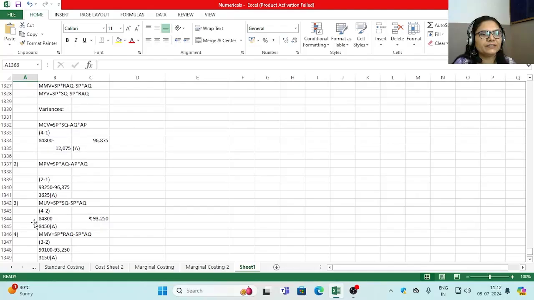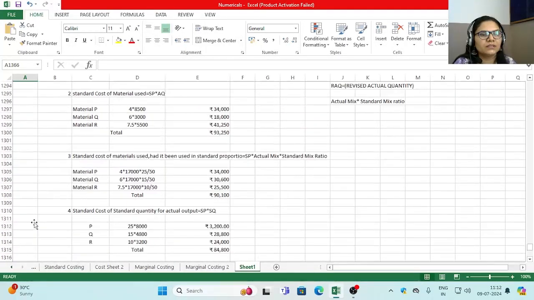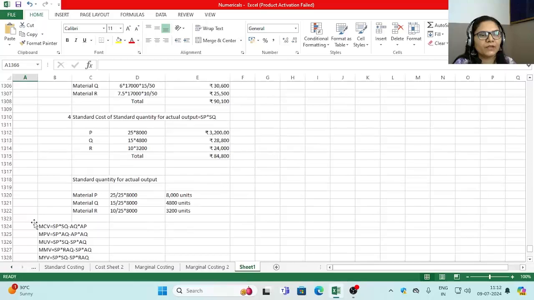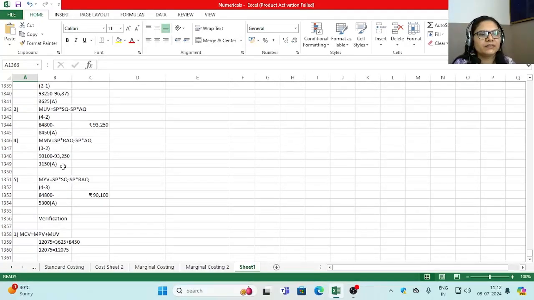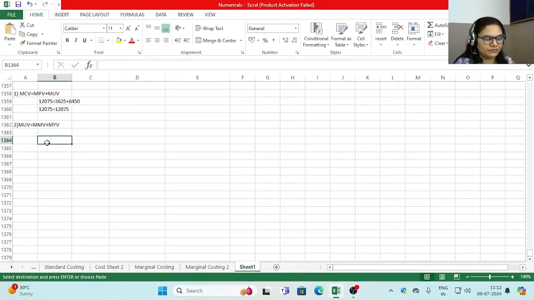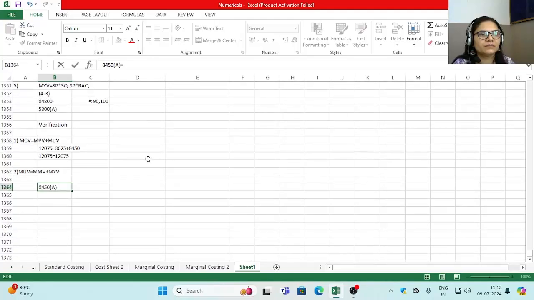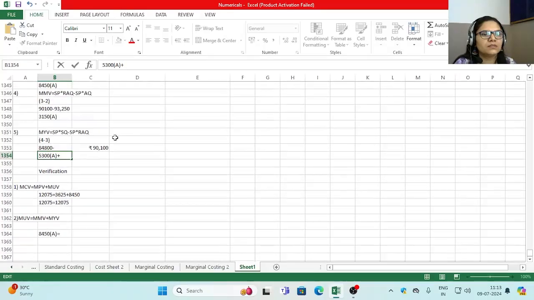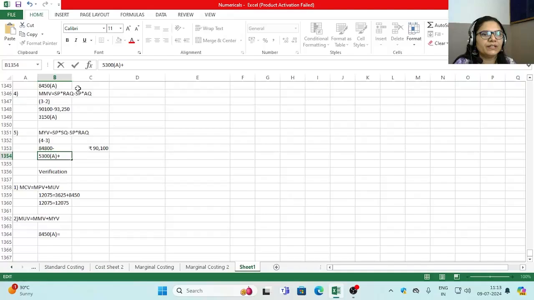Material usage variance, which we have calculated over here, is 8,450 adverse, and it is equal to material mix variance plus, just a second, I think material mix variance will be over here.